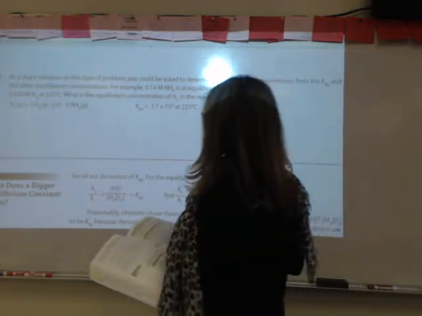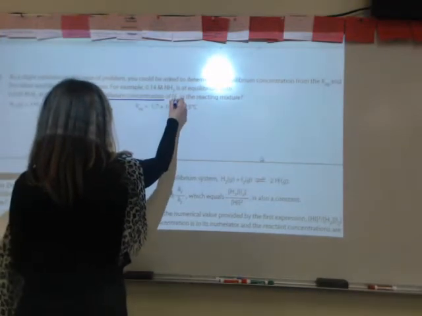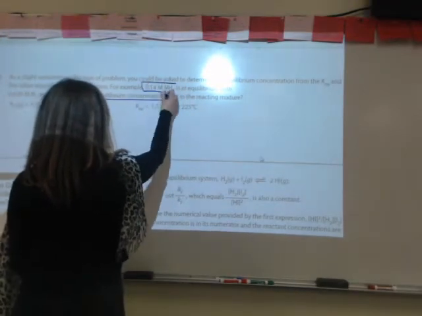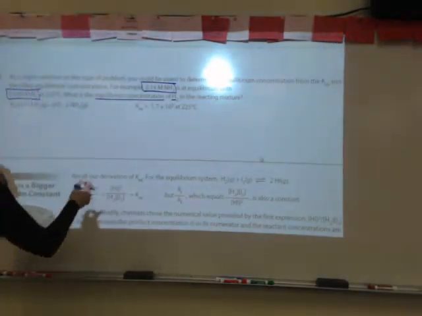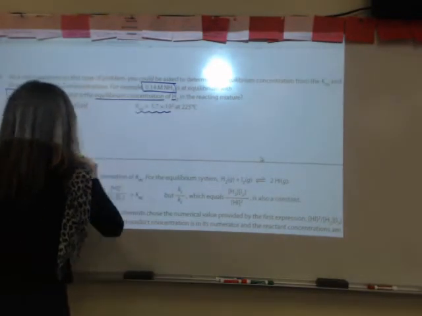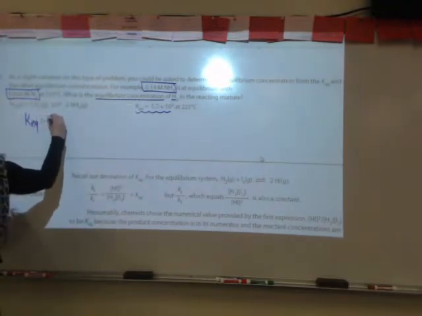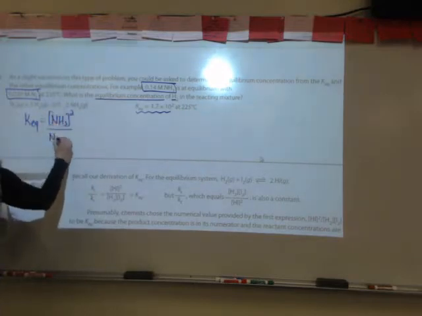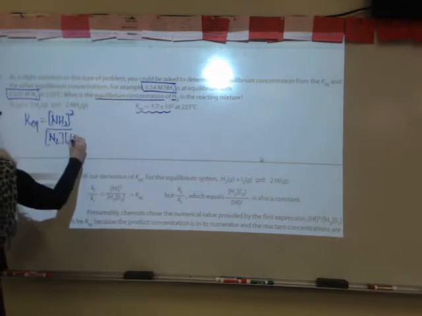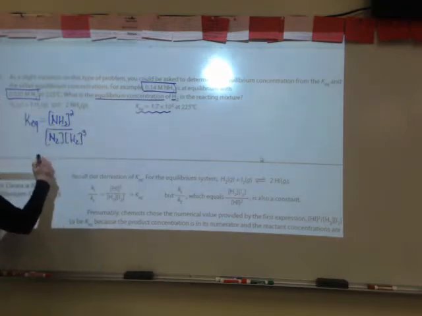Number 3 asks us to solve for the equilibrium concentration of H2 given the concentration of NH3 and the concentration of N2 at equilibrium, and they gave us the KEQ value. So you know that KEQ is equal to the concentration of your product raised to the second power because of the coefficient over the concentration of your reactants, and then H2 has a coefficient of 3, so that's my exponent.